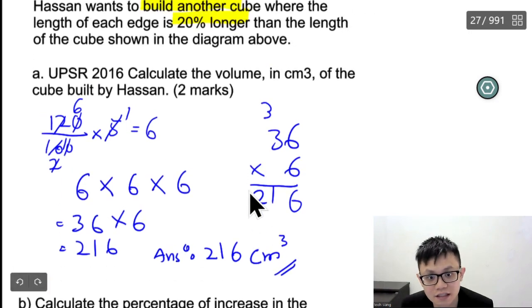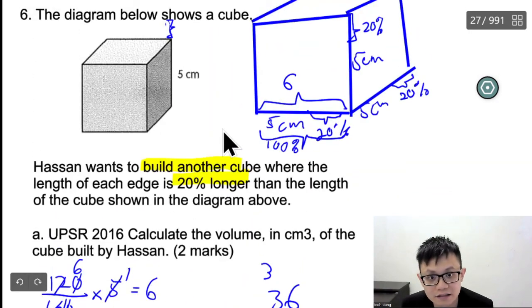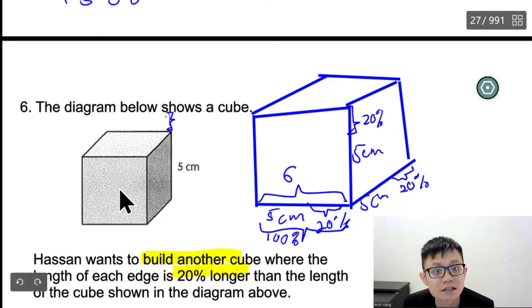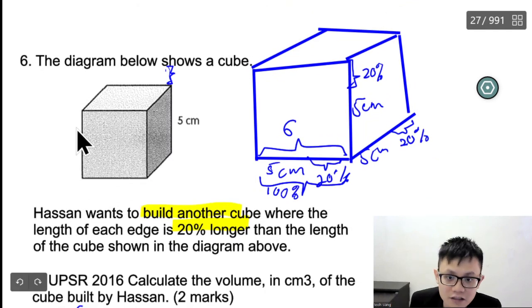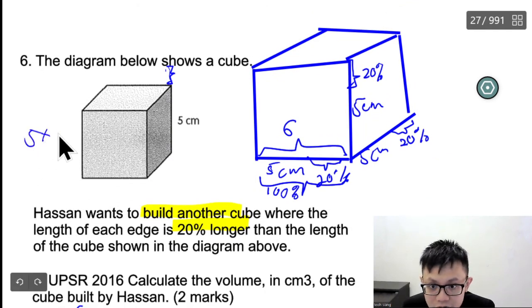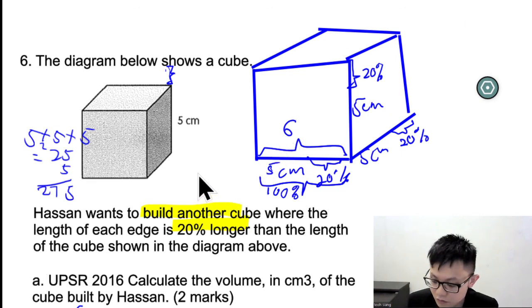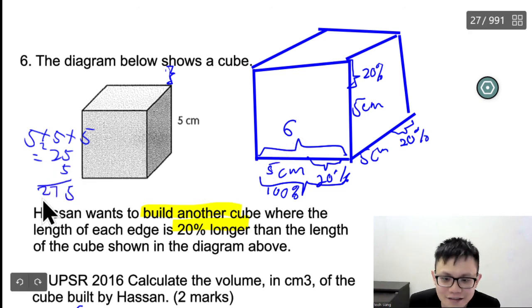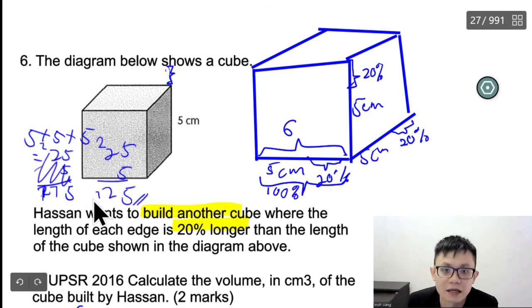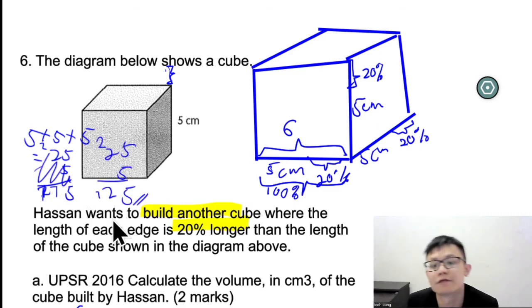The change is 216 minus the volume of this cube, which I don't know yet. So the volume of this cube is 5 times 5 times 5. 5 times 5 is 25, times 5 is 125.